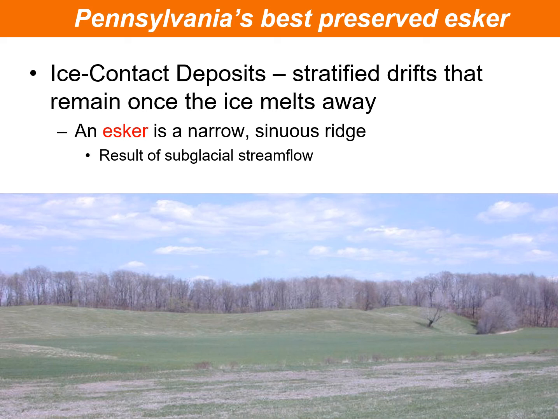So here's a good example of an ice contact deposit, or stratified drifts that remain once the ice melts away. So this is from my home state, actually, and this particular type of ice contact deposit is called an esker, which is a narrow, sinuous or windy ridge, and it results from subglacial stream flow. Now you might be asking yourself, why would stream flow ever create a ridge rather than a valley?